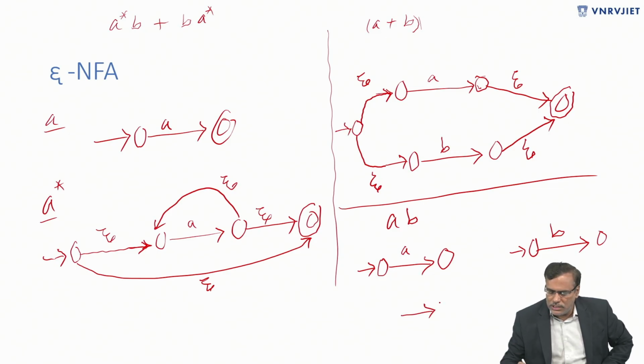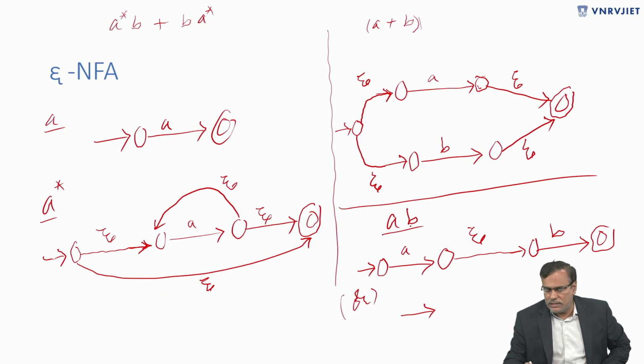Some people introduce concatenation right in between, like this. That is an epsilon transition, and this is your final state. So you know what the string of this expression AB is?